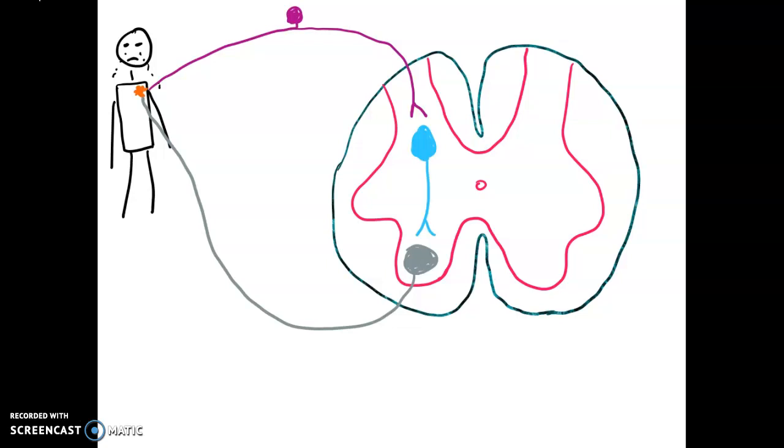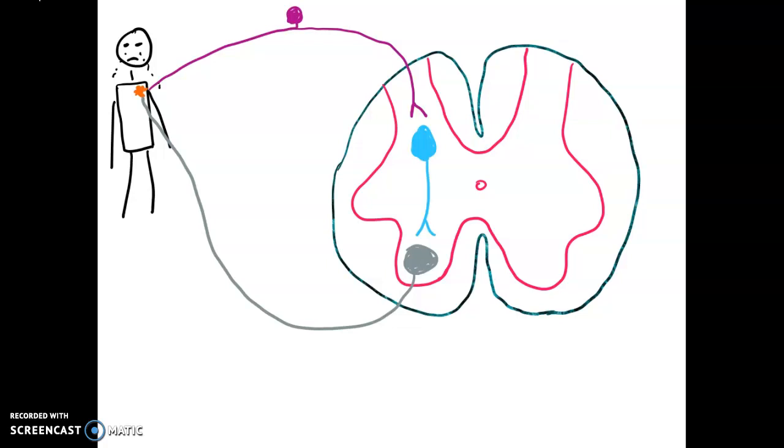Okay, so we will try to identify the different neurons and also their structure and function. Let's focus on the area of insect bite on the body of the person, shown by the orange dot. So that area of his body obviously has some receptors that lead to sensory neuron, right?